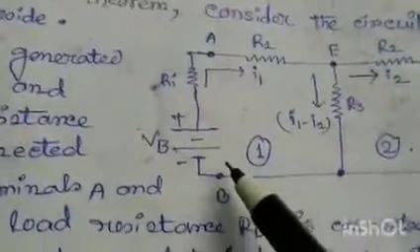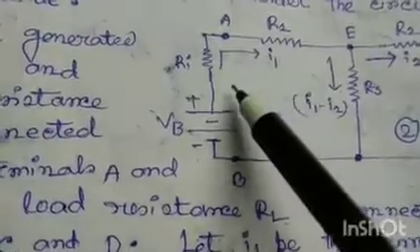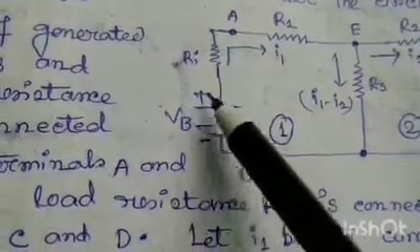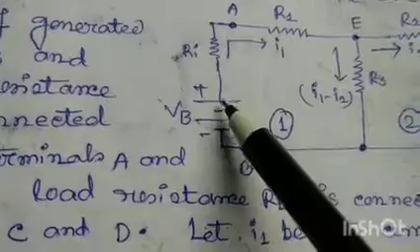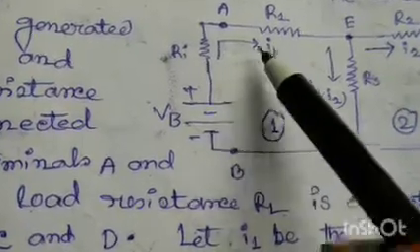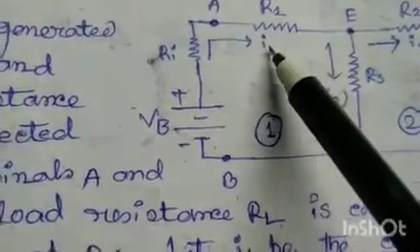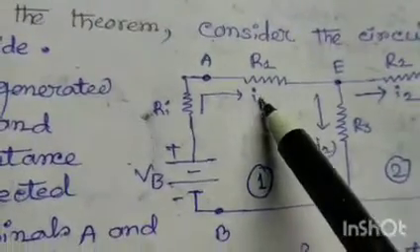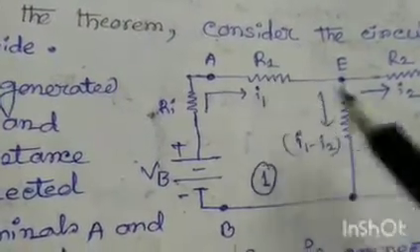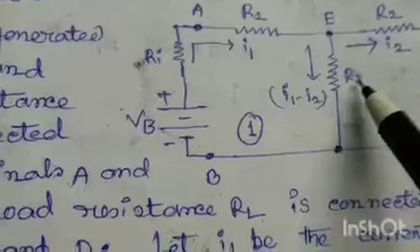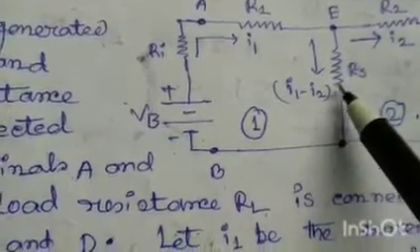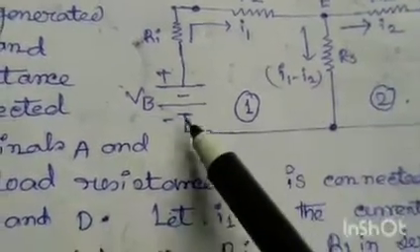So in the direction of the current, this is the supplied voltage Vb, and this voltage drop is V equals I1 into R1, and the voltage drop in R3 is R3 into I1 minus I2, equals to Vb.